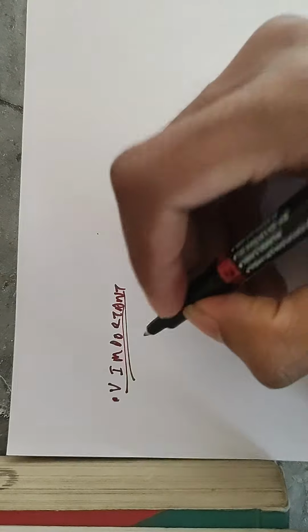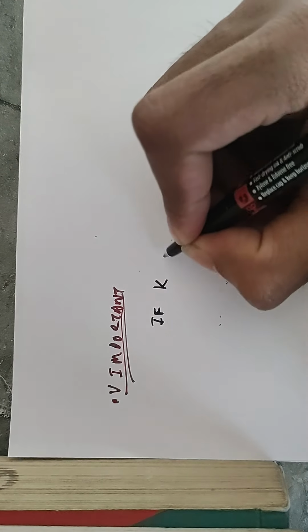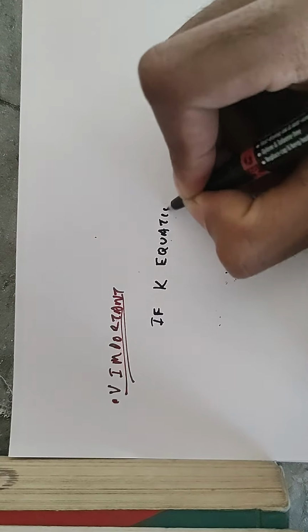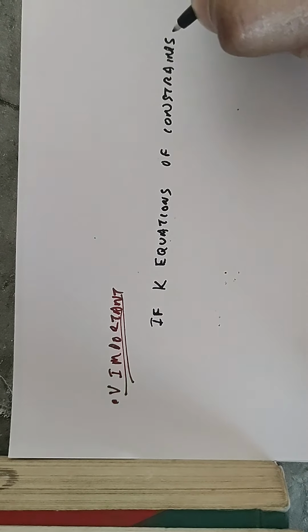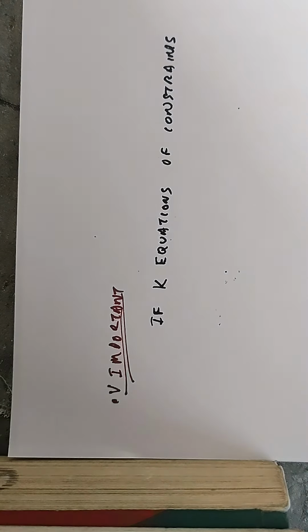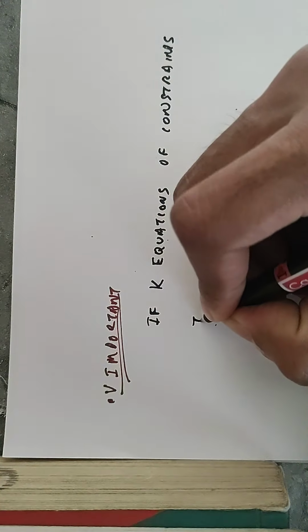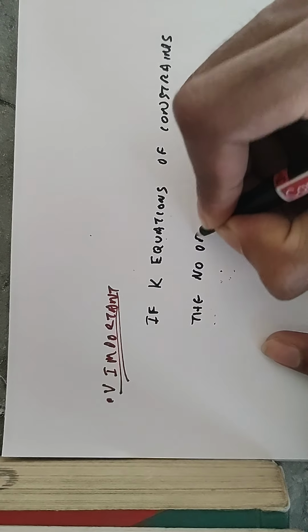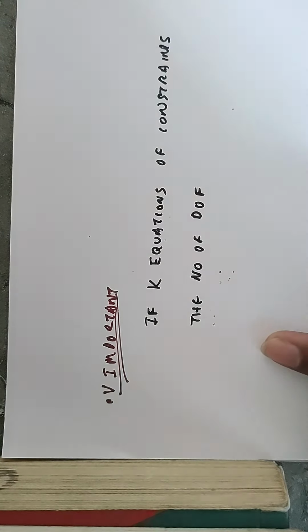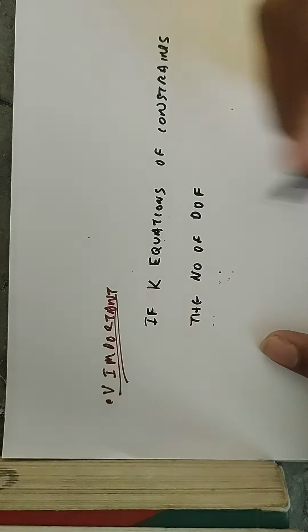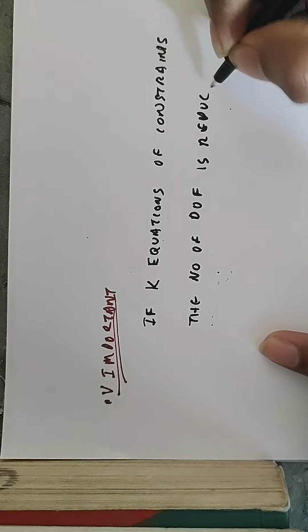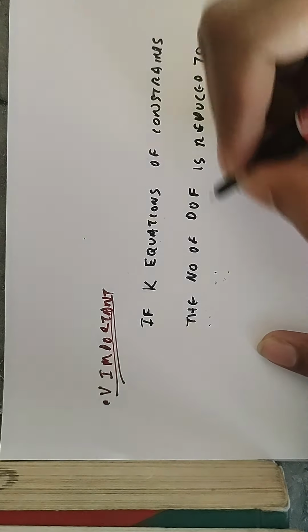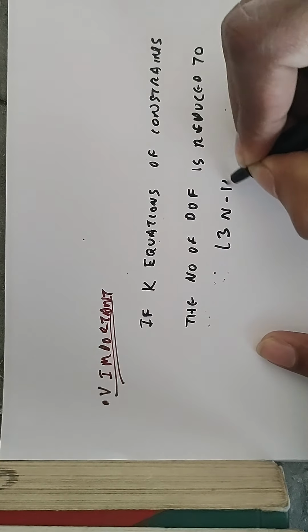So if there are k equations of constraints, the number of degrees of freedom, remember, what we express as DOF in classical mechanics, or in any case in physics, is reduced to 3n minus k.